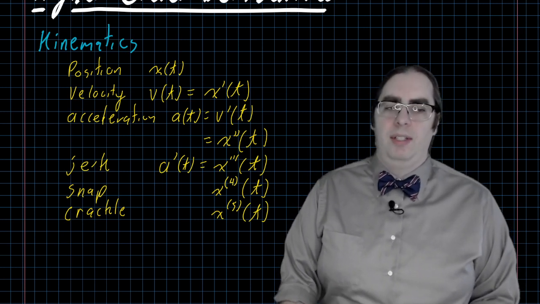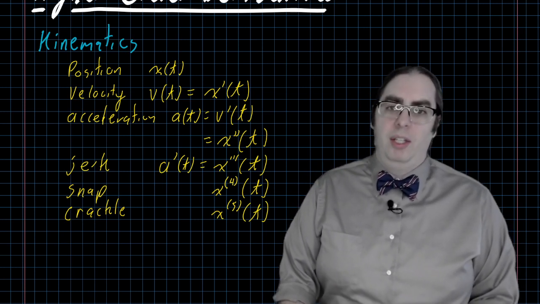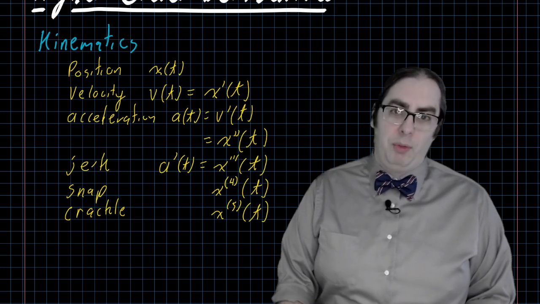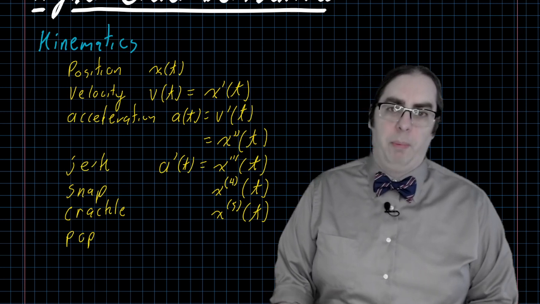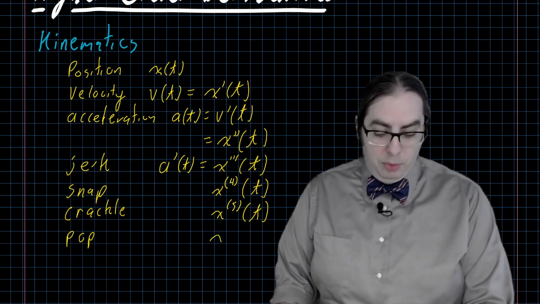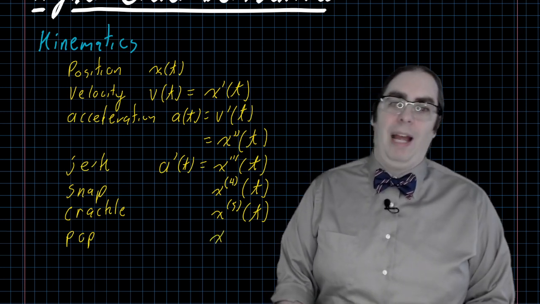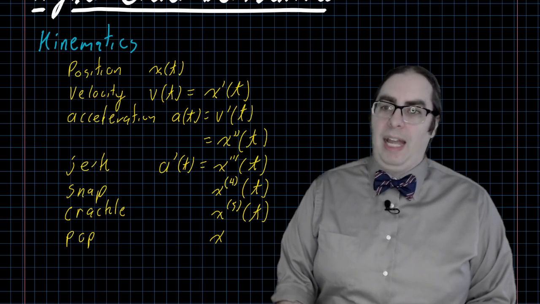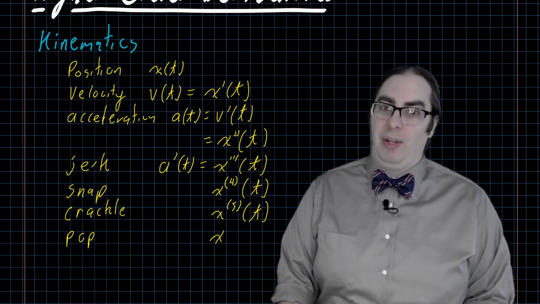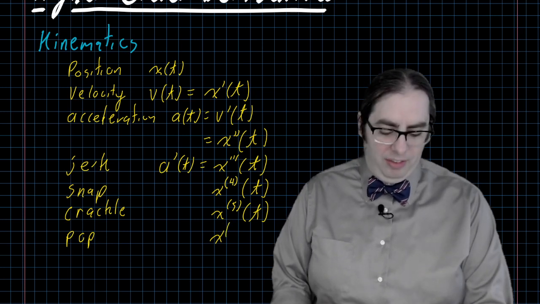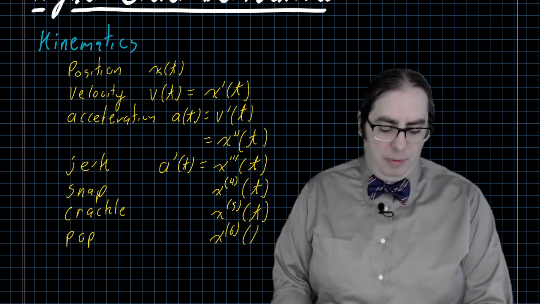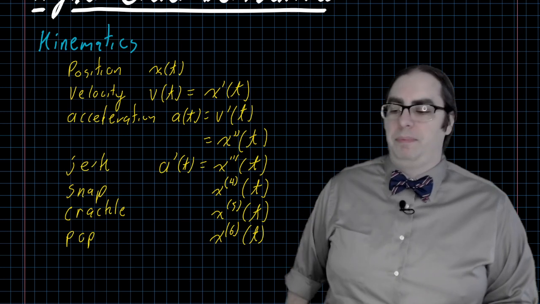And I'm not joking, the change in crackle with respect to time is indeed called the pop. I don't know if that came before or after the cereal. I've never had a good answer to that question, but it's there and we can talk about it. The sixth derivative of position with respect to time.